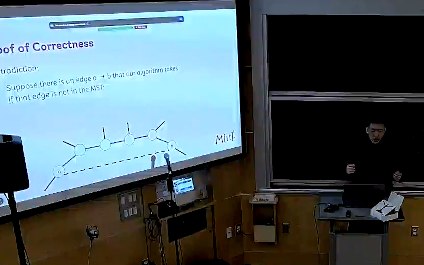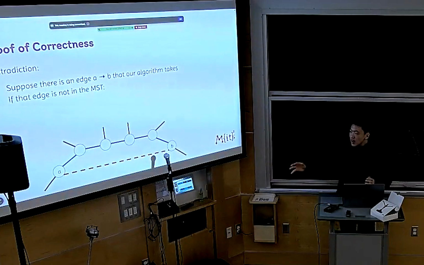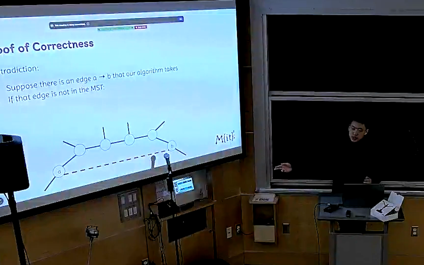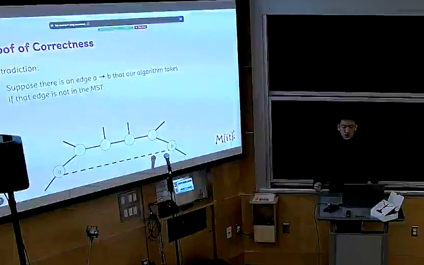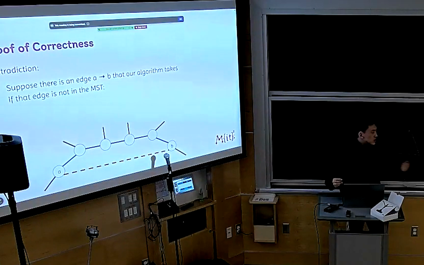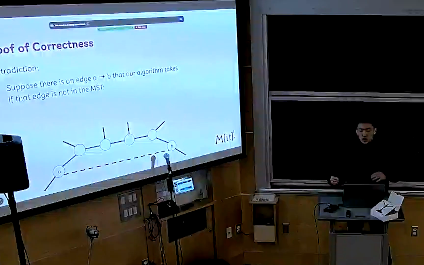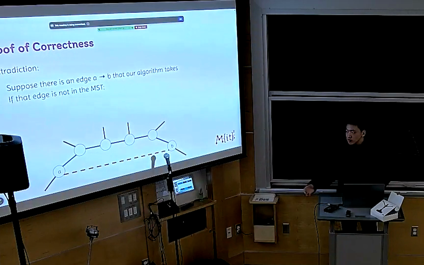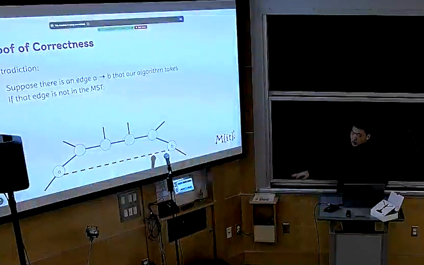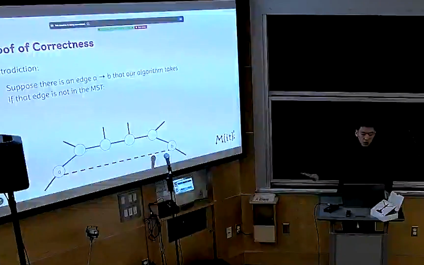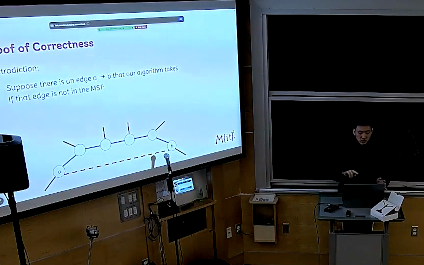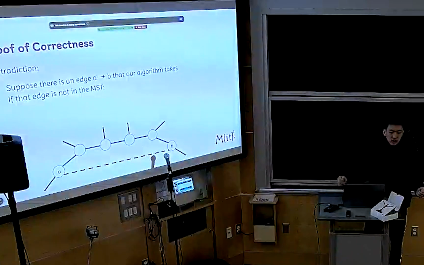And suppose that our algorithm, in fact, took the red edge between A and B when it wasn't supposed to. Now, because it took this edge, we have a spanning tree that isn't optimal. Well, if this were the case, what do we know about the nodes A and B when this red edge was added?